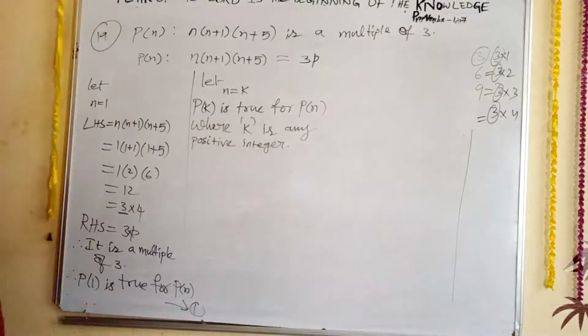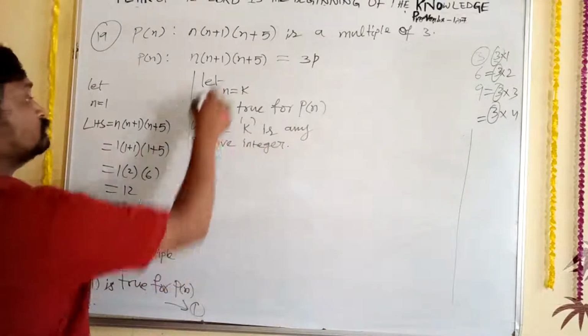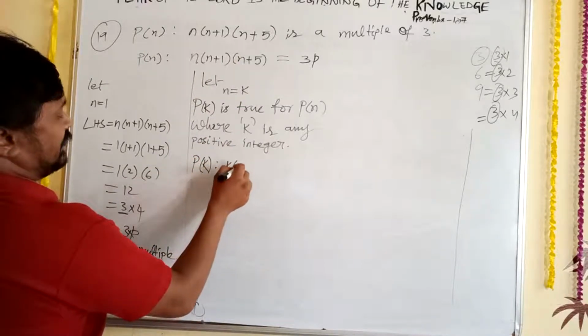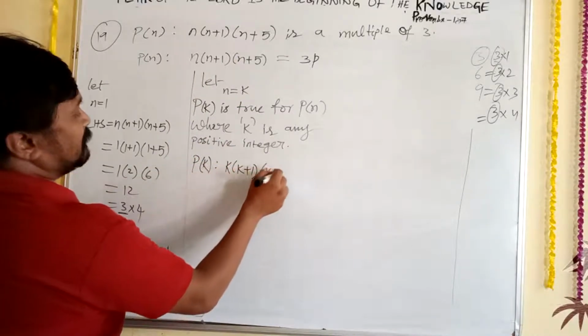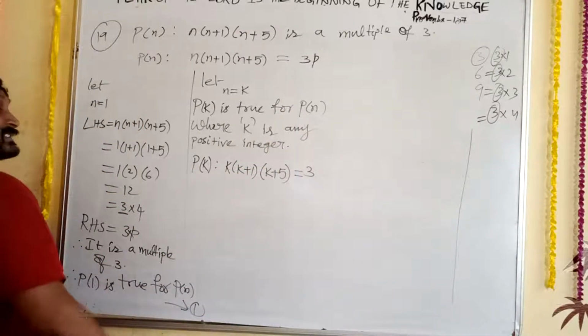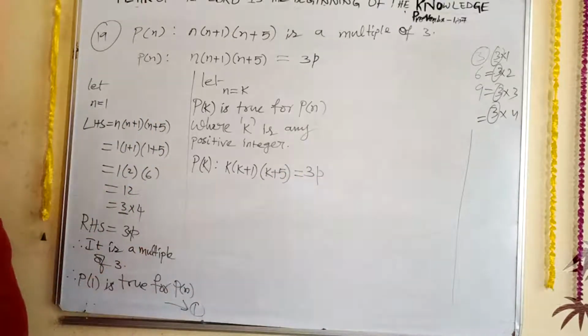All right, k is any positive integer. After that, what you need to do? P of k such that k into k plus 1 into k plus 5 is a multiple of 3. We can't change anything in this.